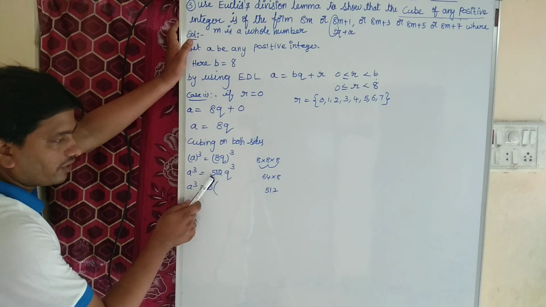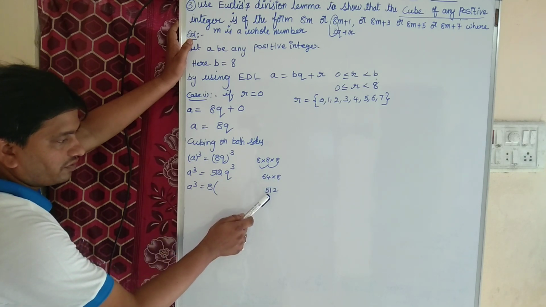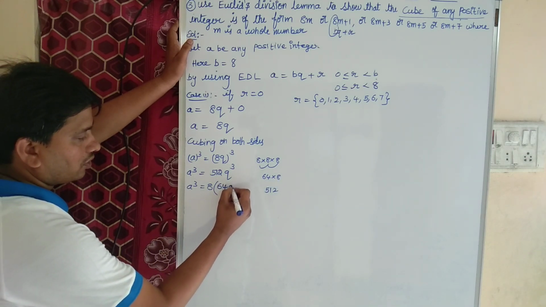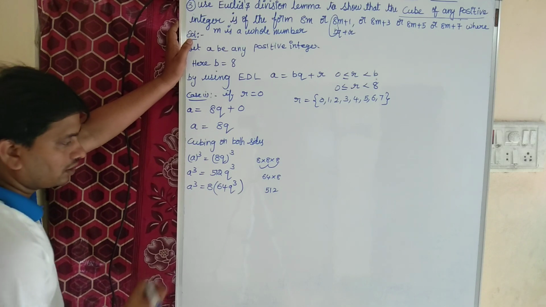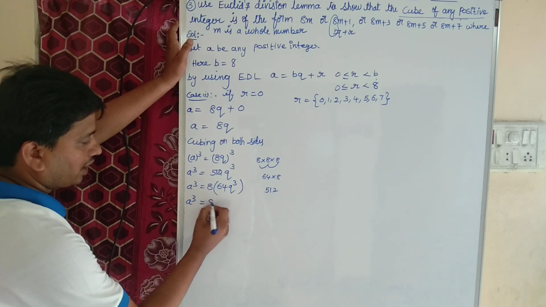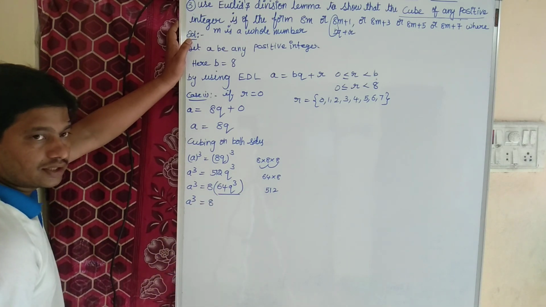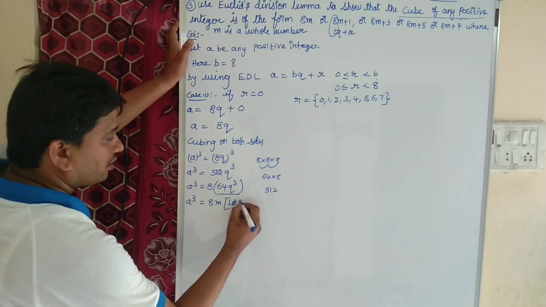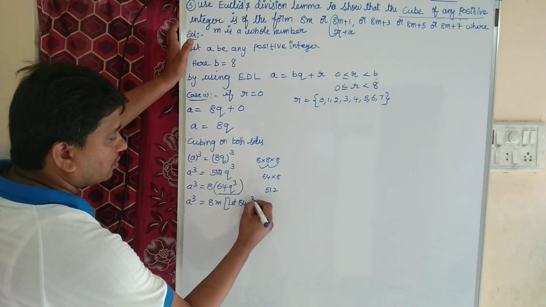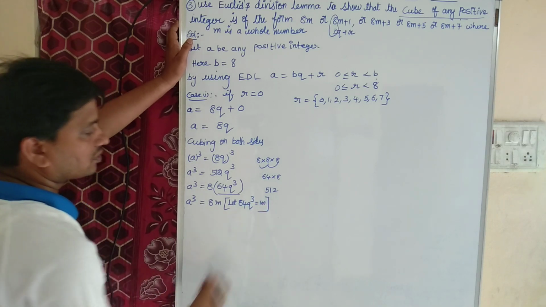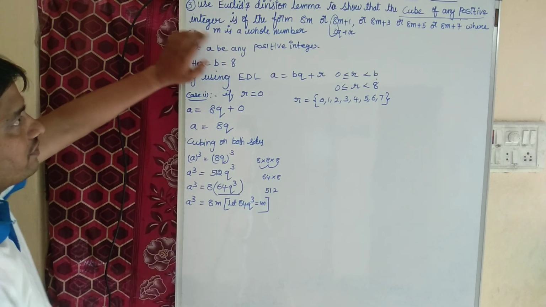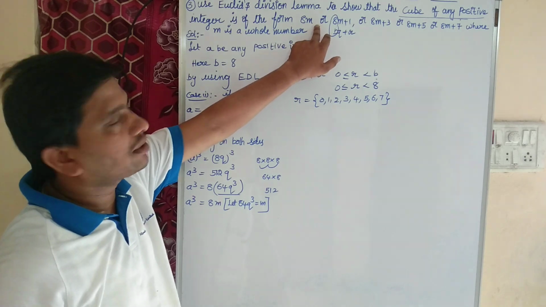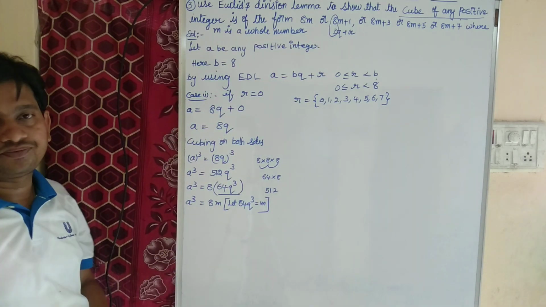Now 8 times how much is 512? 8 64s are 512. So I can write 8 into 64 q cube. Let us consider 64 q cube as m. What we did here? Let 64 q cube we consider as m. Therefore, cube of positive integer is in the form of what? First one is 8m. Yes, we got 8m.